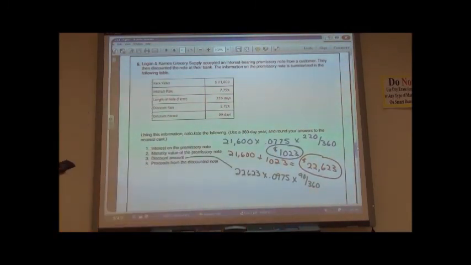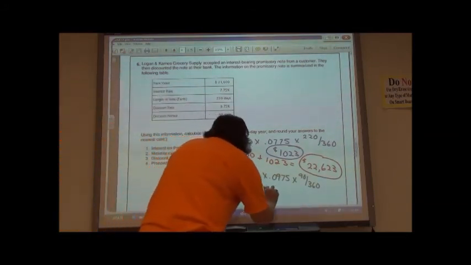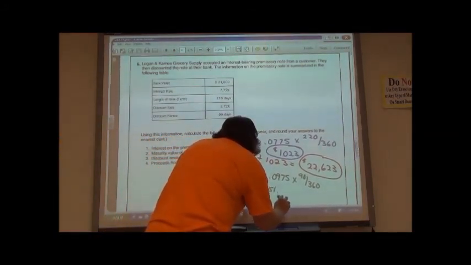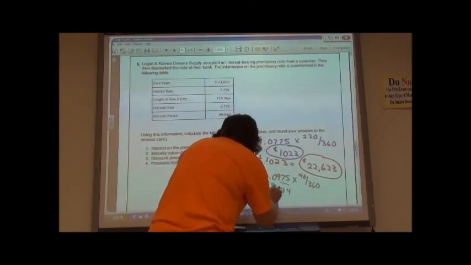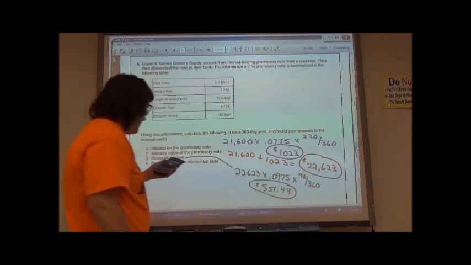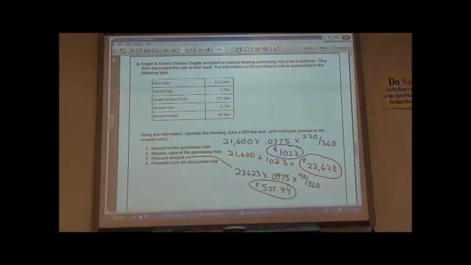And so if I multiply that out, I get $551, and this one has 435, so I've got to round it up to 44 cents. $551.44 when I round that off for my discount.